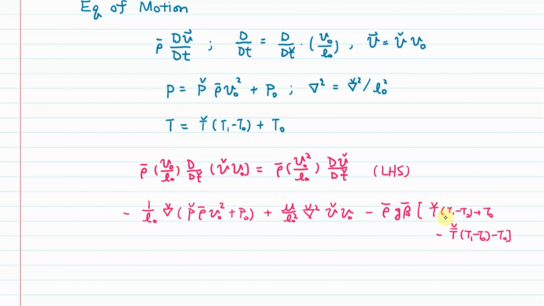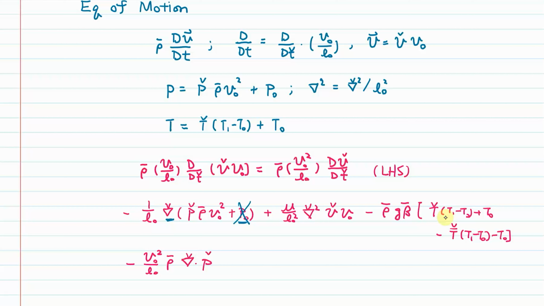We have negative V naught over L naught, and V naught is square here. And we can also take out rho bar. And you can see that the P naught is a constant, so it vanishes in the gradient operator. So this one actually vanishes. So we only have the gradient operator times the dimensionless pressure.